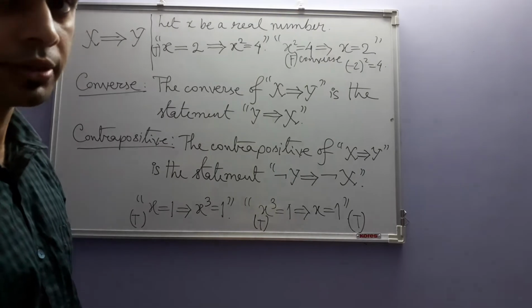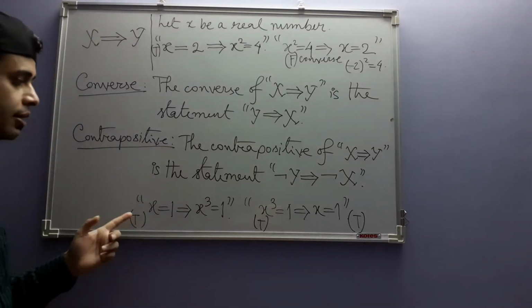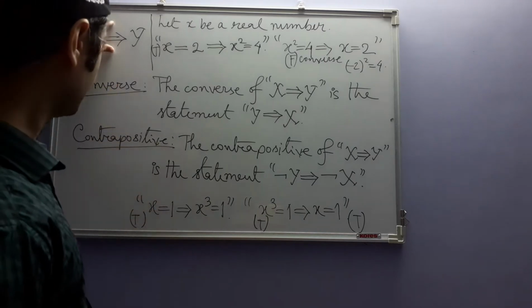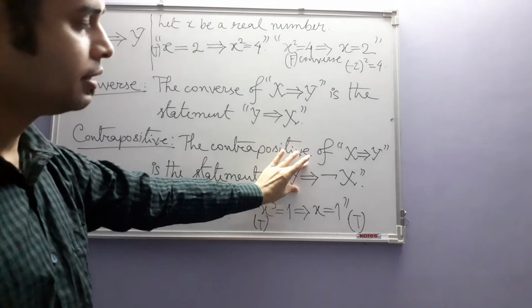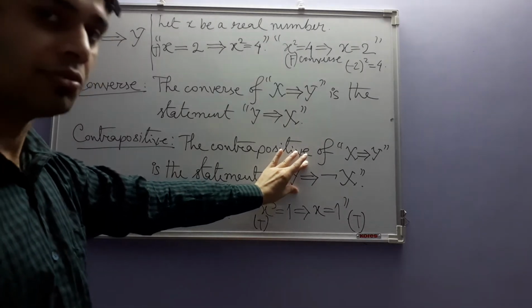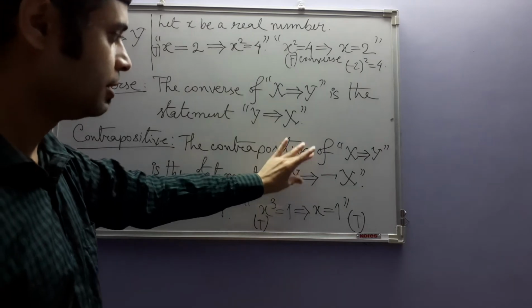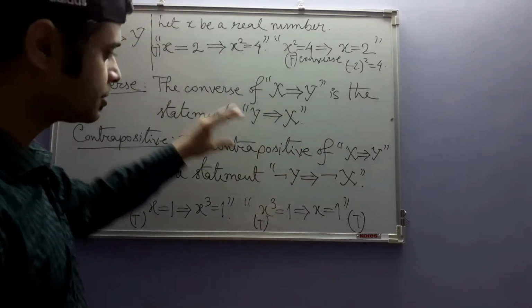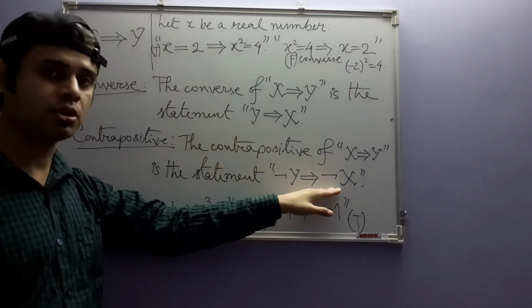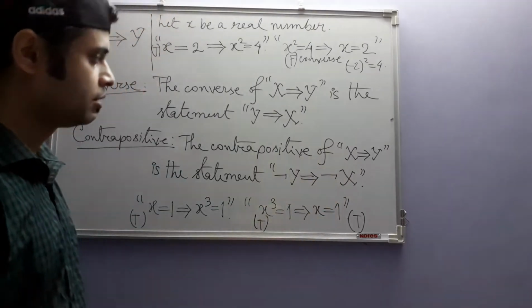There is no logical relationship, but there is a very nice logical relationship between an implication and its contrapositive, namely that they are logically equivalent. If this is true, this has to be true. If this is true, this has to be true. In fact, that is one of the laws of logic that we are going to state and prove.